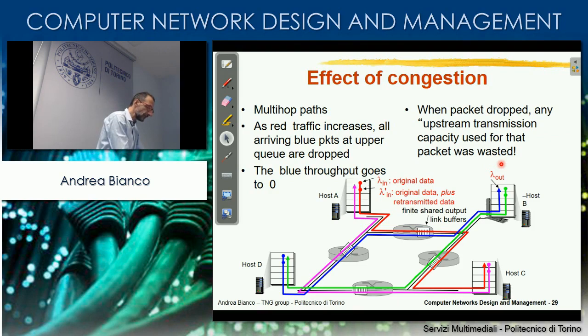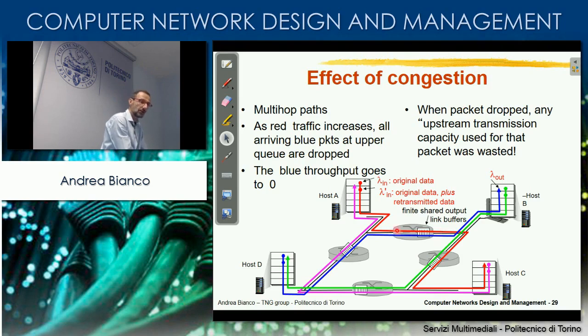Okay? In particular, on any link, we have two flows interacting, you see, the red and the blue here, the green and the red here, the green and the violet here, the violet and the blue here. And of those two flows which interact, one is coming from a user link, and the other is coming from another node. So let's consider this link here in which there is a red and the blue flow.